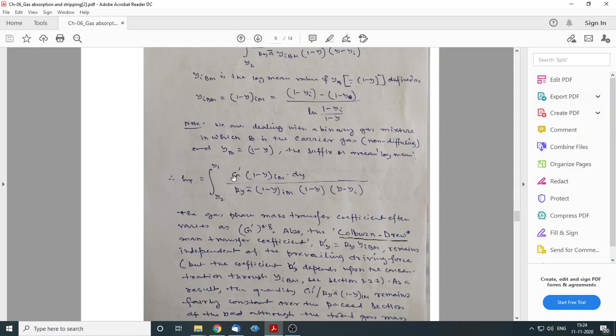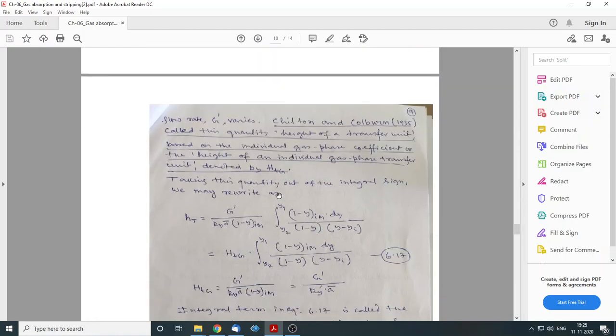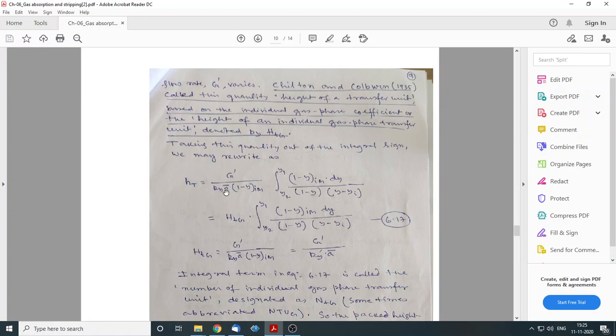So this is increasing, but the increment cancels out, and it has been seen that this term, G dash over ky a (1 minus y)i, is fairly constant. Colburn observed this. So if this is fairly constant, I can take this term out of the integration, and then the integral of dy over (1 minus y)iM times (y minus y star) remains.